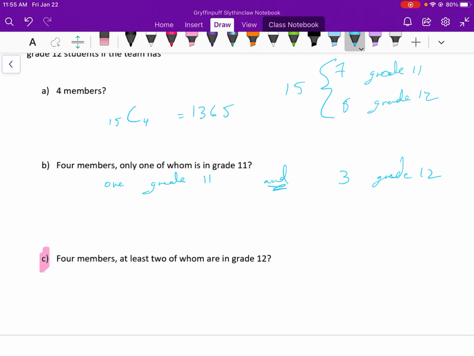If I look back up, I notice that I have 7 grade 11 students. So from 7, I am choosing 1. And implies multiplication. From a pool of 8, I'm going to choose 3 for my grade 12.